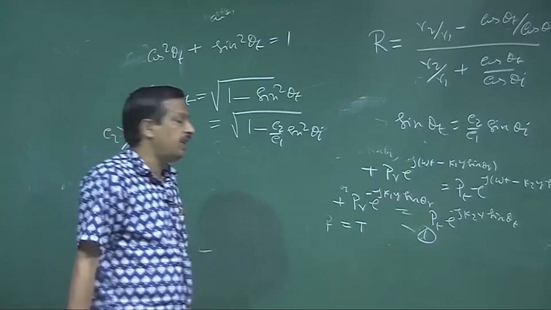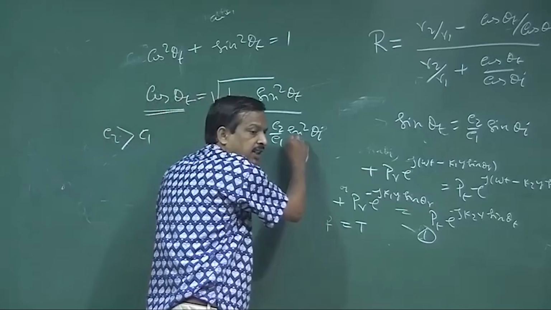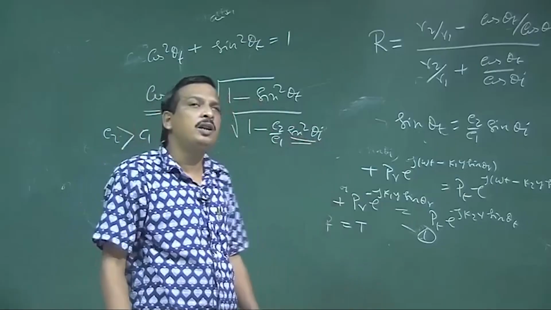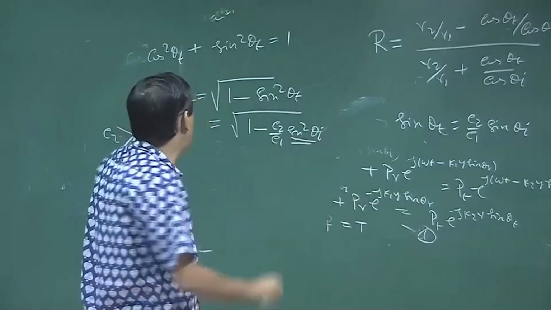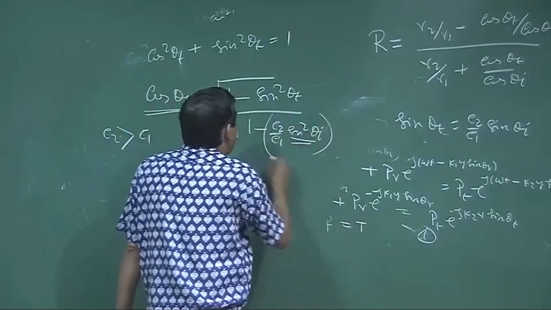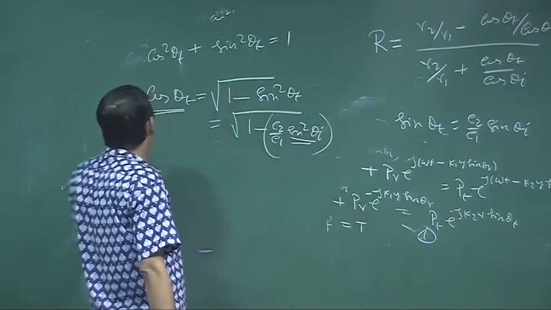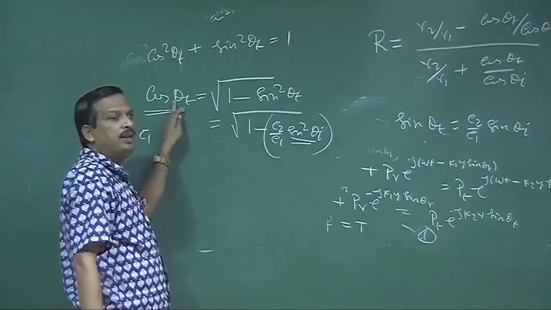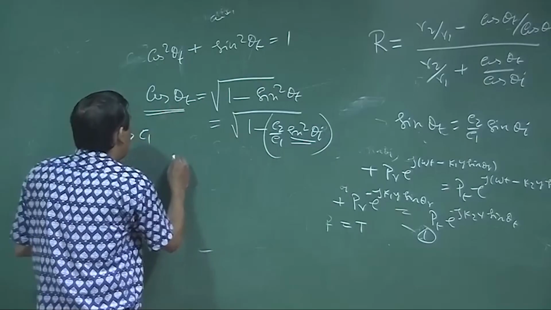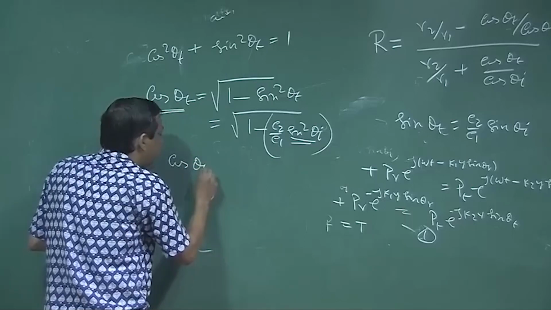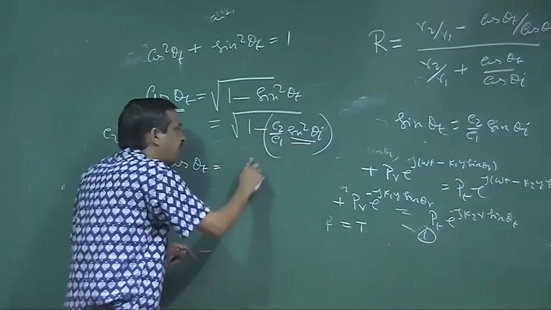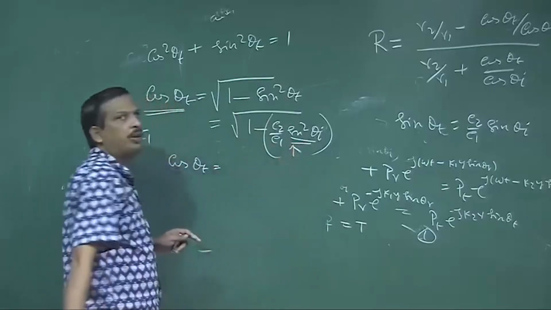sin theta t is real, and sin theta I is real, but cos theta t can be purely imaginary. If the product of this thing is greater than 1, then cos theta t becomes imaginary. So, the angle of incidence is greater than the critical angle such that this becomes greater than 1.